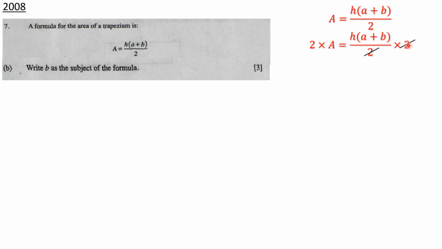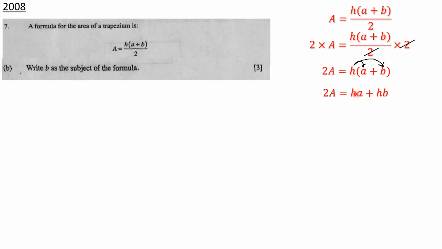And so we're left with 2A equals H open bracket a plus b. And what we can do here is multiply H by everything on the inside. So it's going to be H times a and H times b. That's what we call distribution. So H times a is going to be Ha and H times b is going to be Hb.